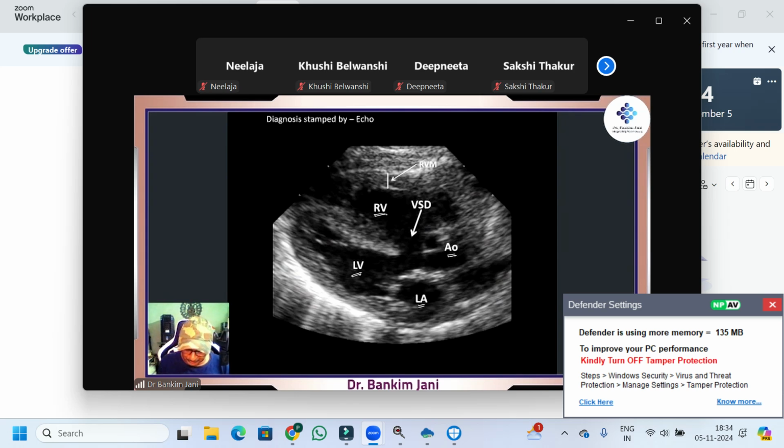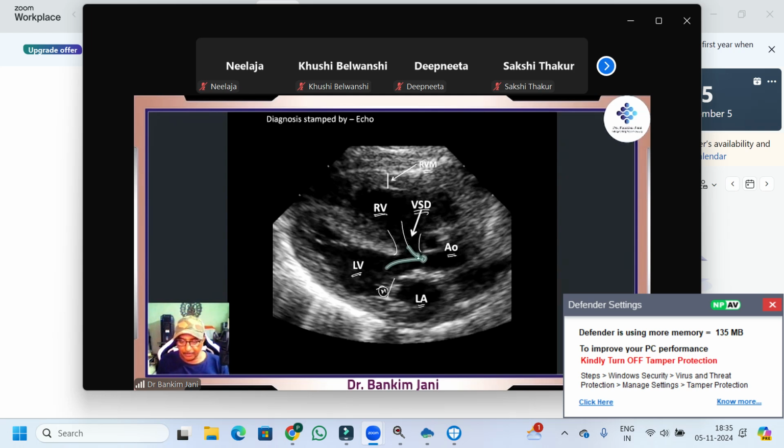Over here, this one would be the mitral valve, and we can see the aorta. This is the right ventricular margin. It is big, and here is the communication, ventricular septal defect. They both are communicating, and both of them are opening into this aorta.